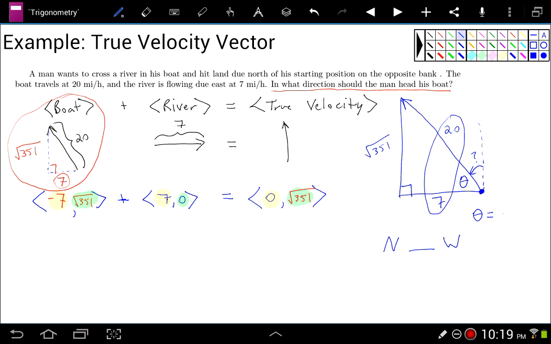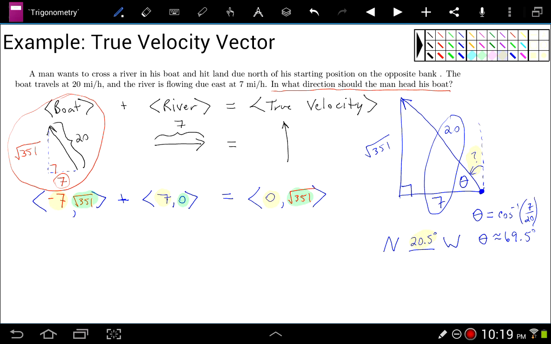So theta would be the inverse cosine of the adjacent over the hypotenuse. And that's approximately 69.5 degrees, which means that this angle here would be 90 minus that, or in other words, 20.5 degrees.